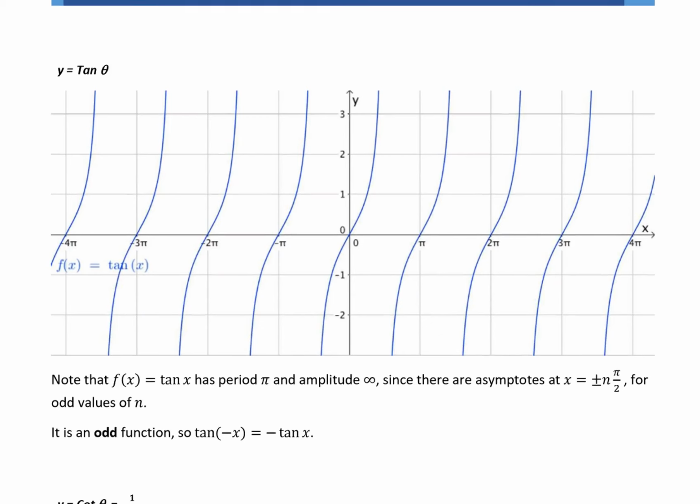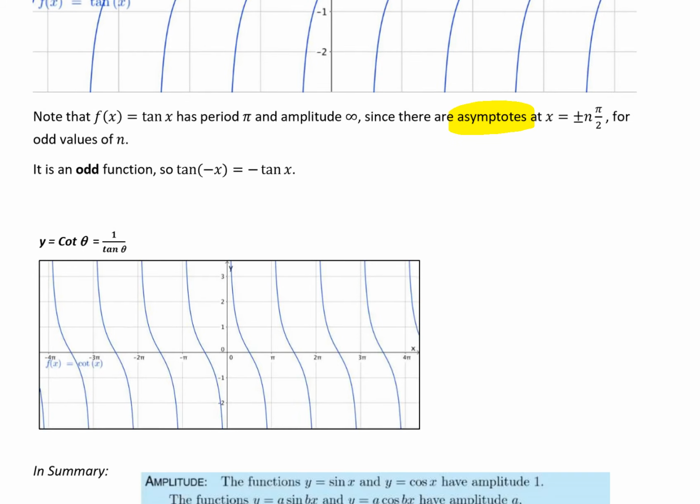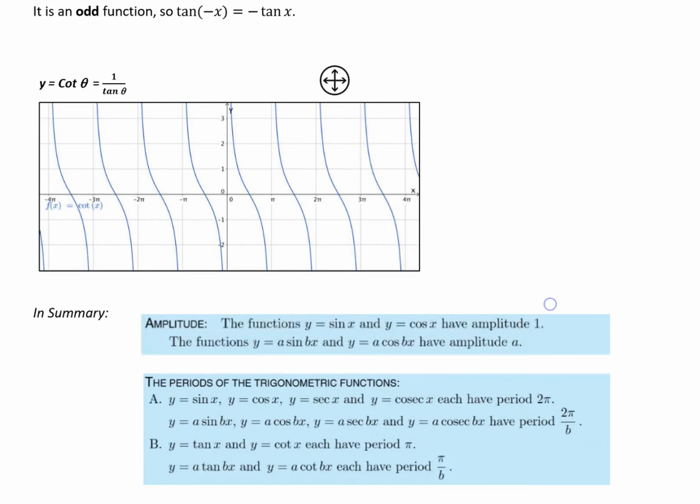It has lots of points of discontinuity. It's an odd function. It has an amplitude of infinity, and it has a period of pi. It has asymptotes as a feature of the tan graph. And again, it is odd. And the reciprocal function is called cot, and it's quite similar to the tan graph.